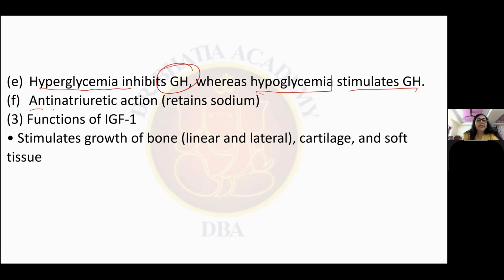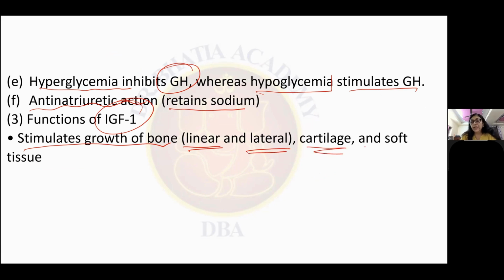Similarly, it has an anti-natriuretic action. That is, it will not allow the sodium to be lost. So it retains sodium. Then the IGF-1 functions normally to increase the linear growth of children. So it stimulates the growth of the bone, that is the linear growth, as well as the lateral growth.